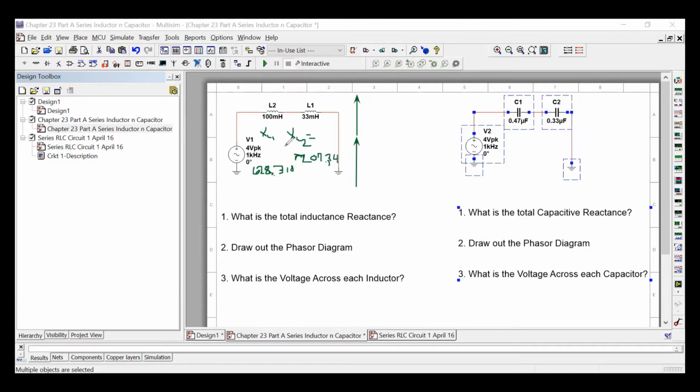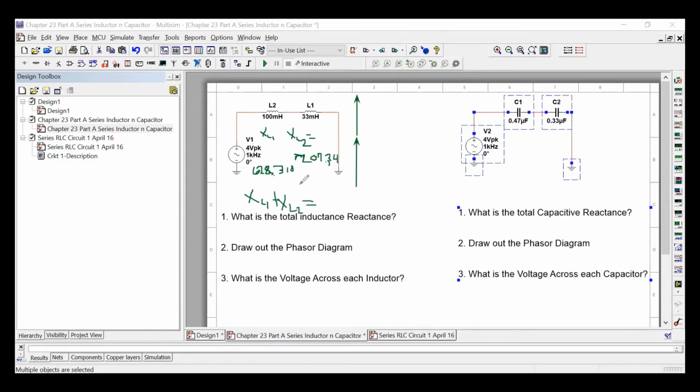Okay, so how do we find XLs in series? Do we add, subtract, divide, multiply? You add them, right? Yep, and because there's no resistor in here, this is a purely inductive circuit, so it has what we call reactive components only. So XL1 plus XL2.